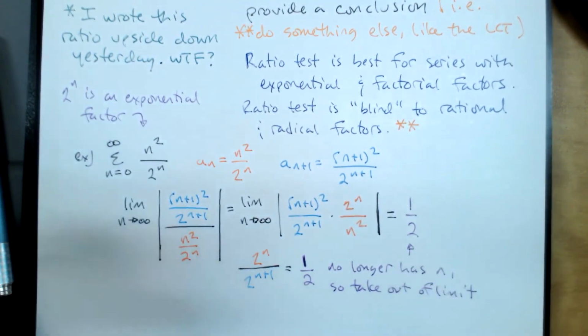The 2 to the n part canceled out and left us with a half. So we're going to pull that aside. And what's left is the limit as n goes to infinity of (n+1) squared over n squared.